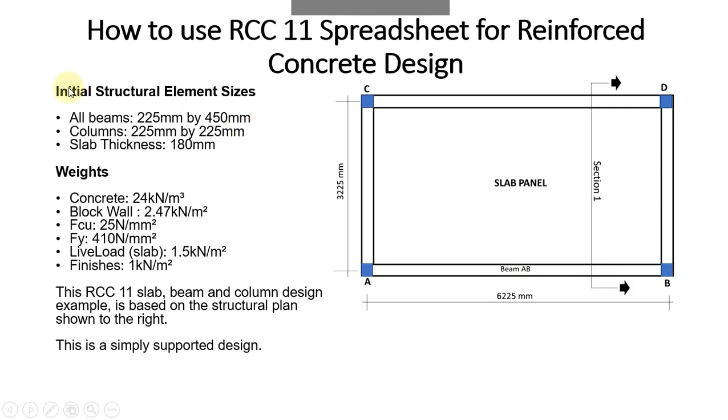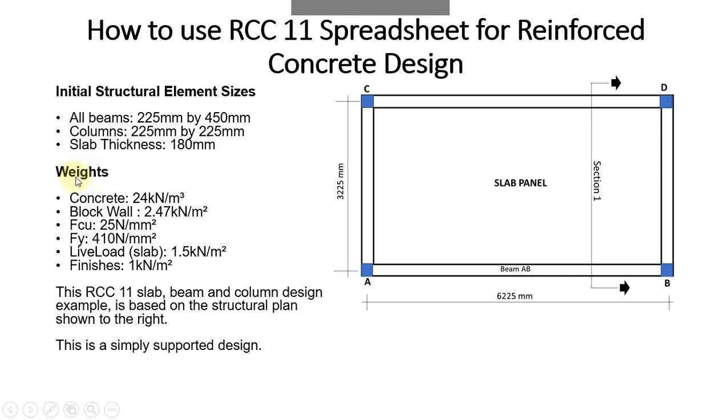Now, the initial element sizes chosen for this example: all beams have sectional sizes of 225 mm by 450 mm. All columns have sectional sizes of 225 mm by 225 mm. And the slab thickness is 180 mm. Mm stands for millimeter.